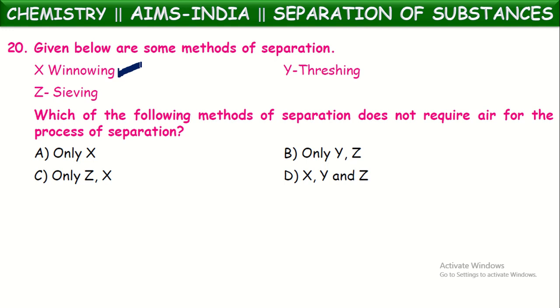But in threshing and sieving, they won't take the help of air, isn't it? So what they're asking here is which does not require air. What are those two? Y and Z do not require air for the separation of components. Only in the winnowing process, air is needed.